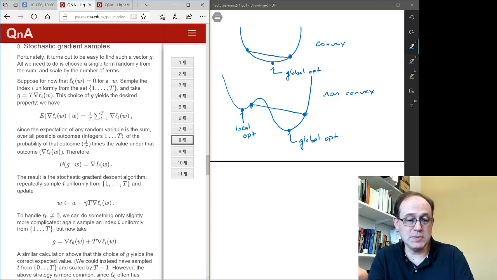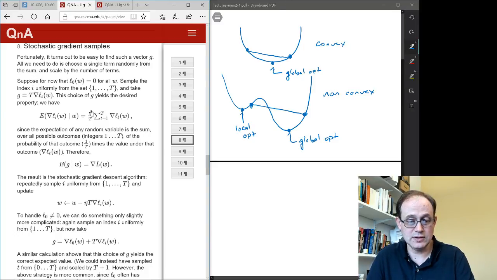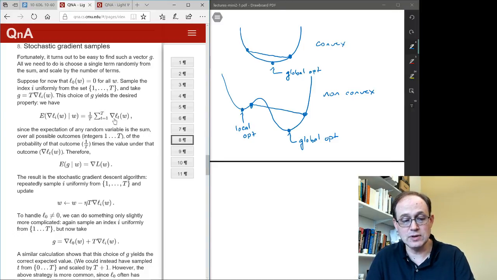This is going to be right because if we take the expected value of the gradient of the ith term, well, what that's going to be is the sum over all possible values of i of the probability of that value of i, which is to say 1 over T, times the value of the sample if we choose i, which is going to be just grad Li.